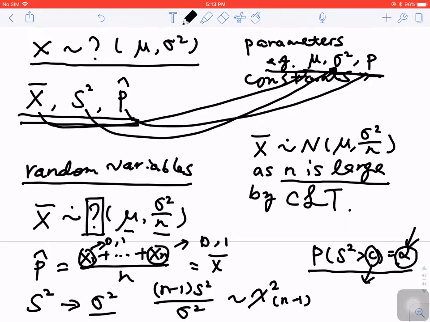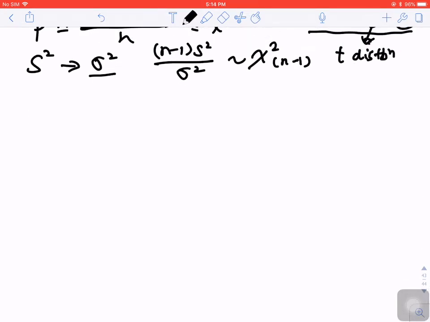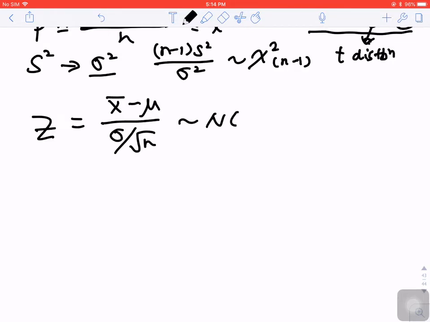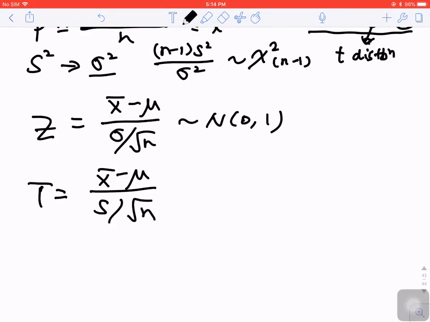And the last thing is the t distribution. Remember for a z distribution, we can use x bar to construct a z distribution, right? So t distribution is pretty similar to this one. The only difference is that we use s to replace this sigma, because this population parameter sigma in general is unknown to us, but we can have this s, right?